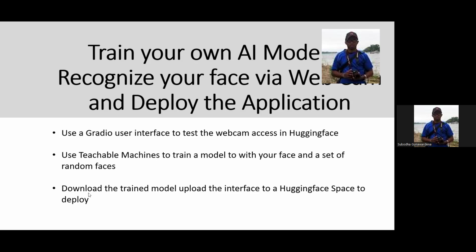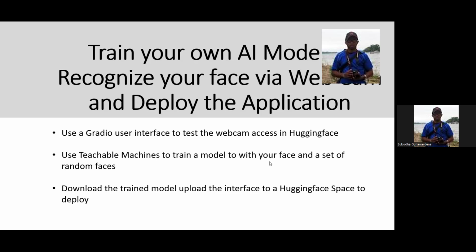I will be using the Gradio user interface to test the webcam access in Hugging Face, and then I'll use Teachable Machine to train a model using my face and a set of random faces to differentiate my face from the random faces, and I'll download the model and upload it to Hugging Face Spaces to deploy the model, right?